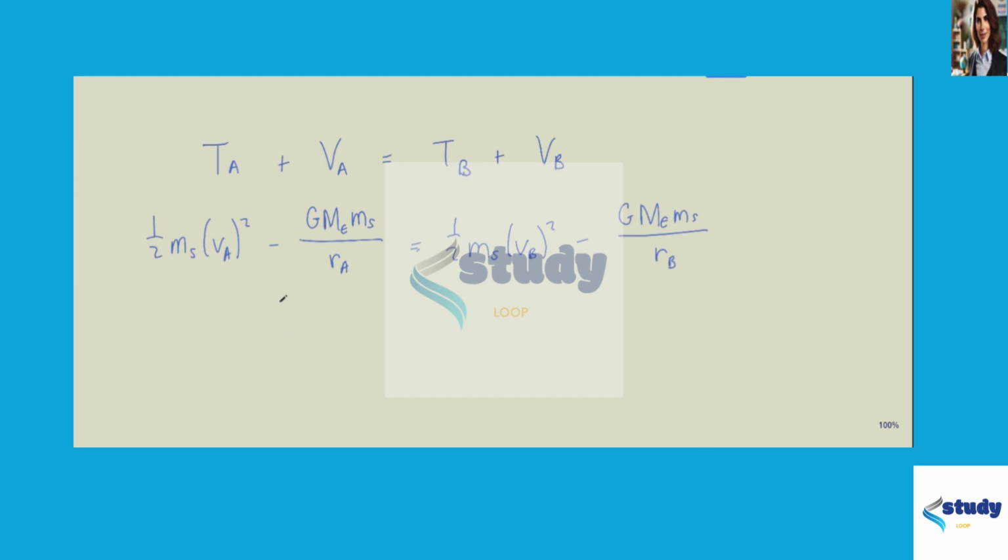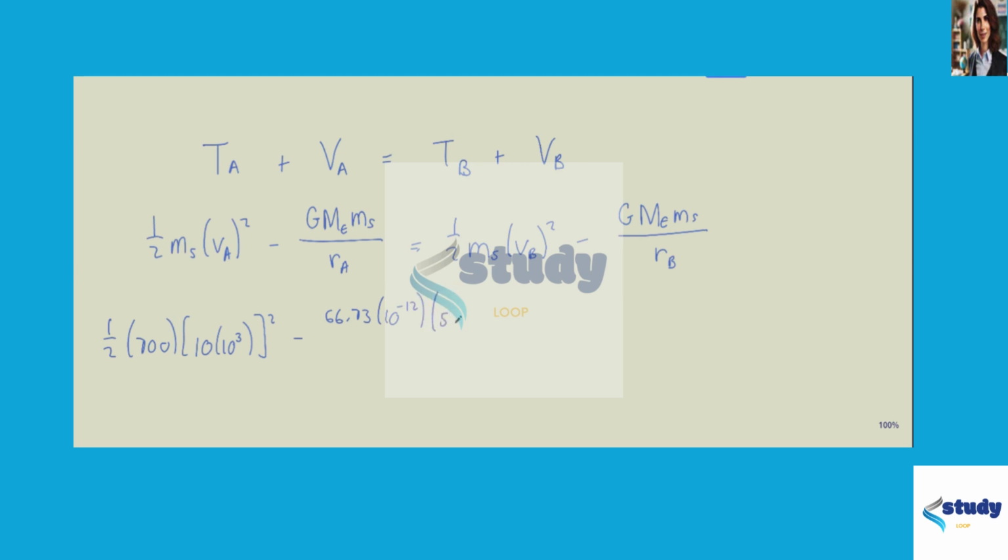Now we can substitute our values again into this equation, and we get half times 700 times 10 times 10 to the power 3, all squared, minus the gravitational potential term, where G is 66.73 times 10 to the minus 12 in SI units.